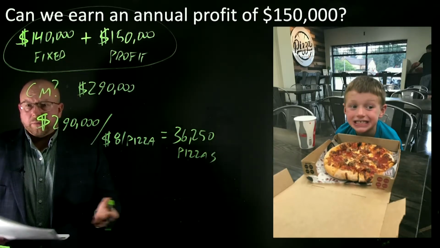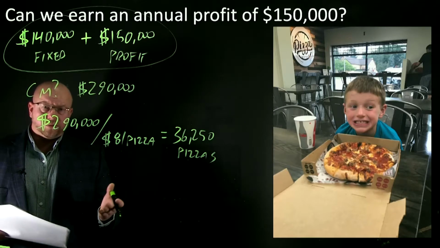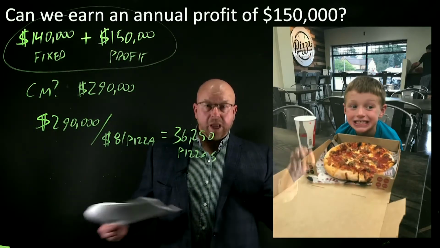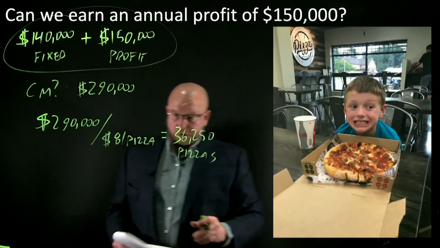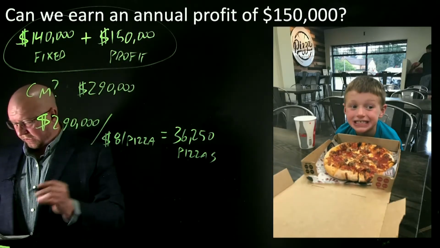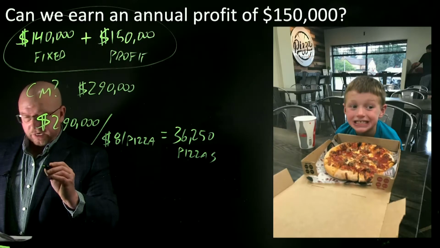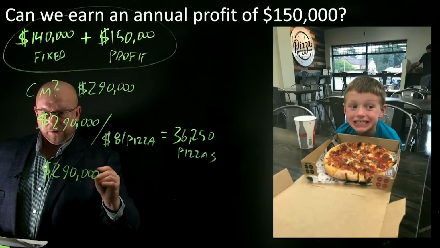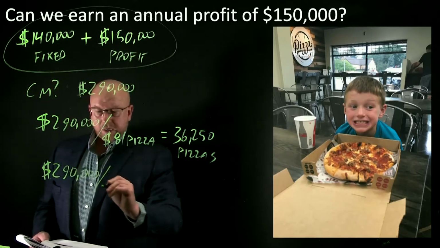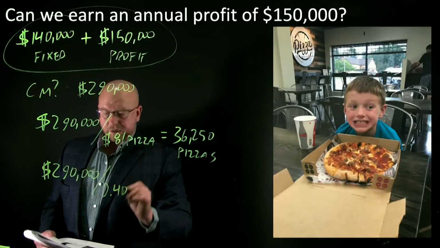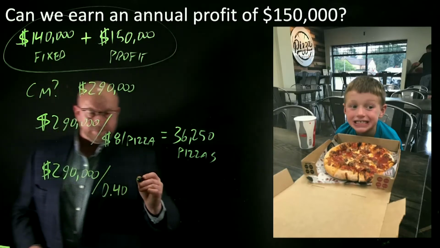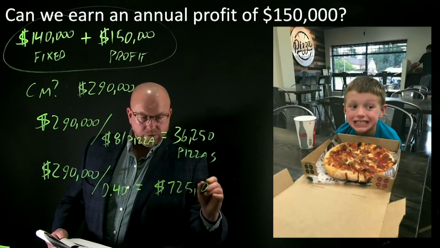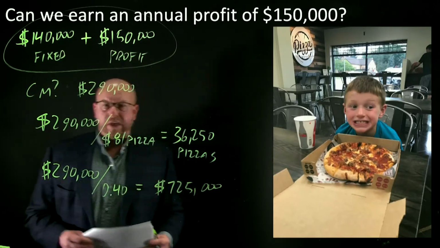Now, of course, we might not be able to quantify it in terms of just pizzas. I mean, even in this picture, you can see there's a pizza and a beverage. And also could have been some breadsticks or salads or something like that to go with it. So what if we say, okay, how many sales dollars do we need? That's where the contribution margin ratio comes in. So we divide by the contribution margin ratio of 40%, and that will give us a target of sales revenue being $725,000.